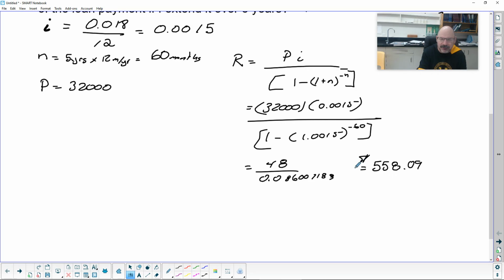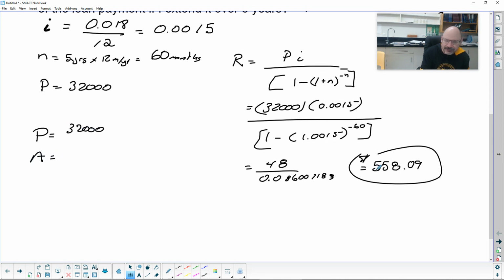There's our payment size. Now the second question asks, what is our interest that we paid? So our principal, we know, is 32,000, whatever. But we have to figure out how much we pay future value-wise.